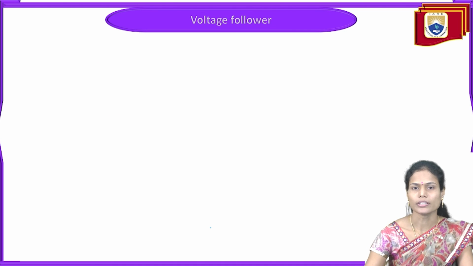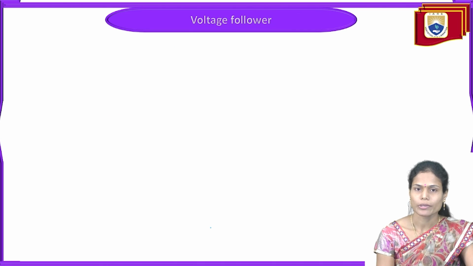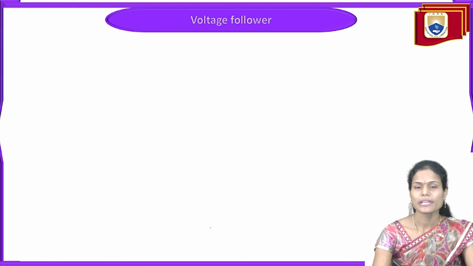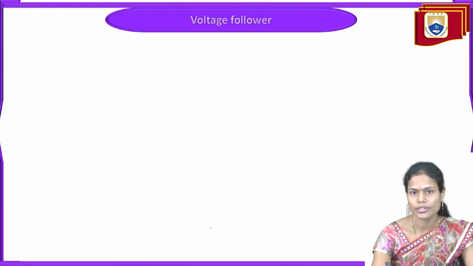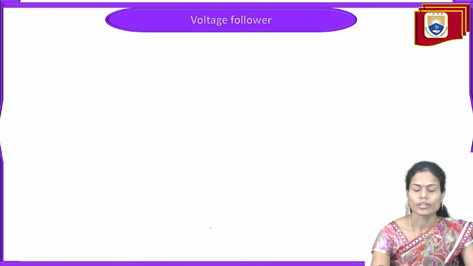And one more application of the operational amplifier is the voltage follower. The basic function of the voltage follower is that it gives as output voltage the same input voltage we are providing to the operational amplifier. The same thing we can expect across the output of that operational amplifier.